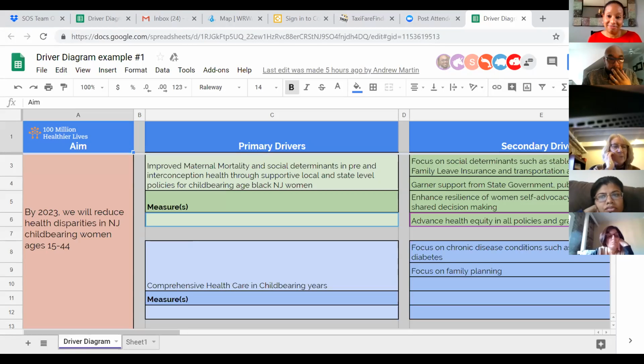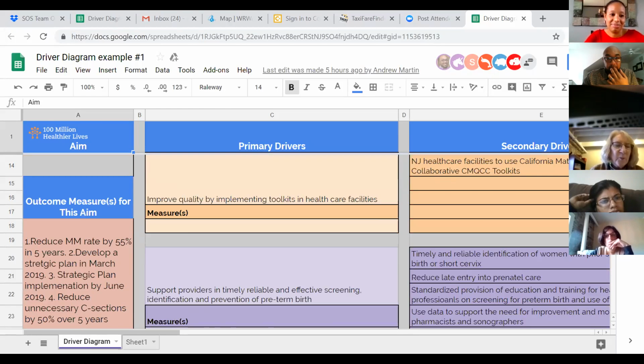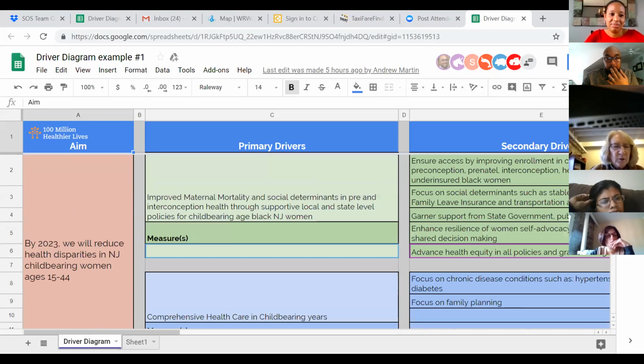Determine what those disparities are so we can measure changes in those disparities. Is it in mortality? Is it in premature birth? Is it infant or maternal mortality? And that will also make it easier.